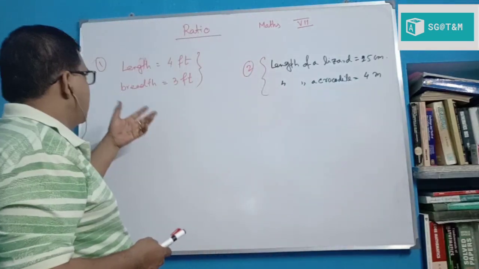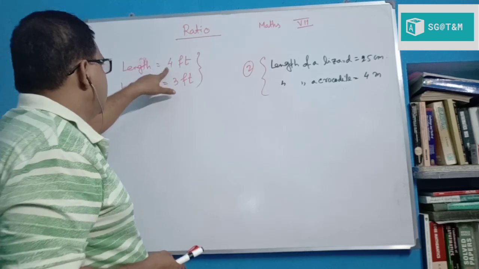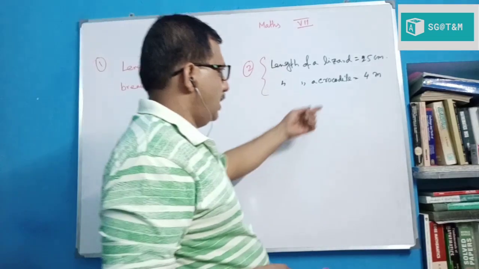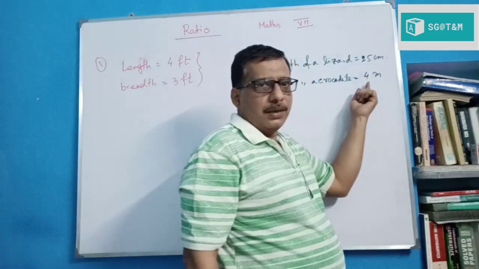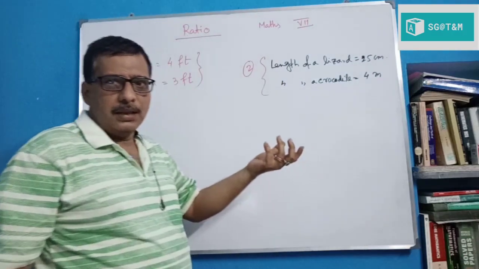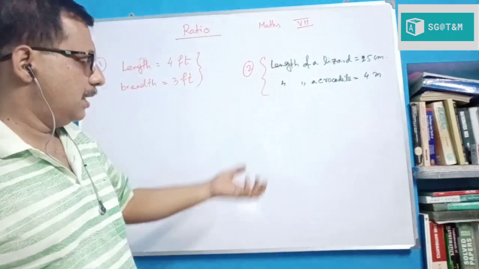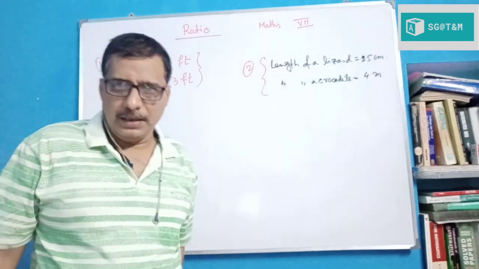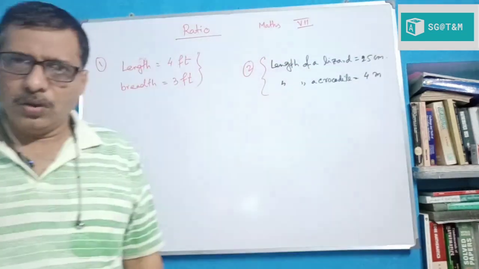So we say the length is 1 foot greater than the breadth. Likewise, first we convert meter into centimeter, then subtracting these two we get that the length of the crocodile is greater by this amount with respect to the lizard. This is one technique.